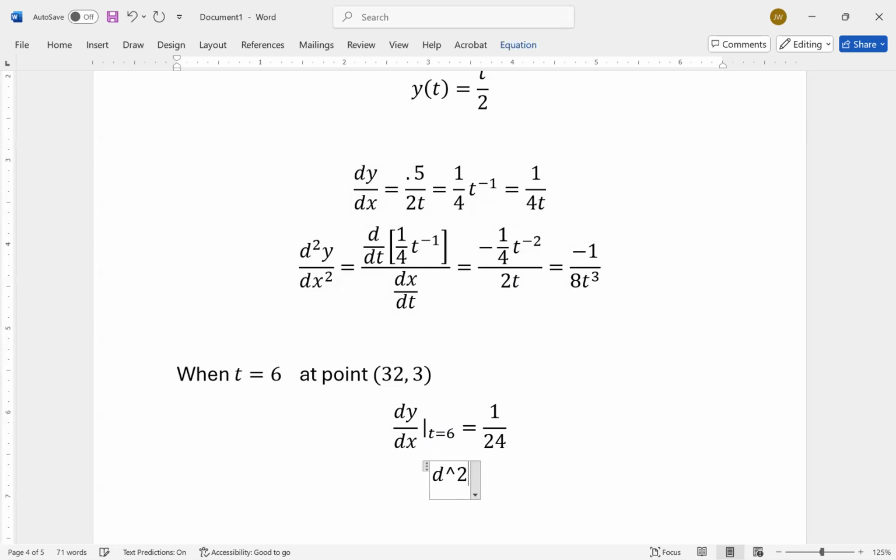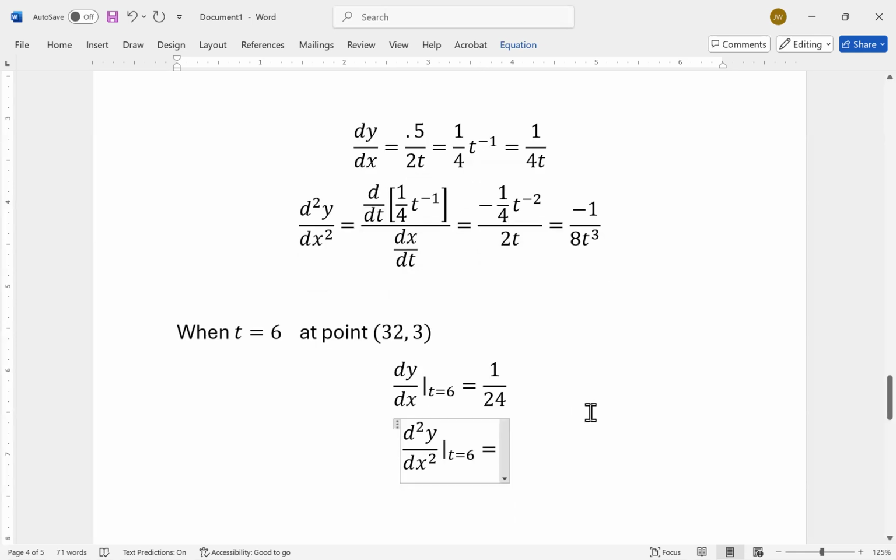The concavity, well, let's again say at t equals 6 would give me -1 over 8 times 6 to the third. 8 times 6 to the third is 1,728.